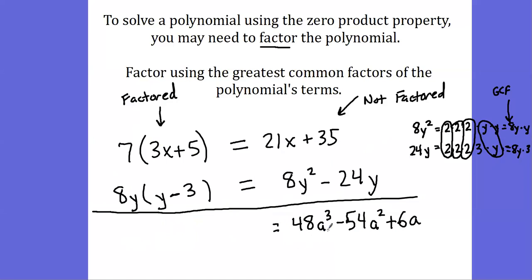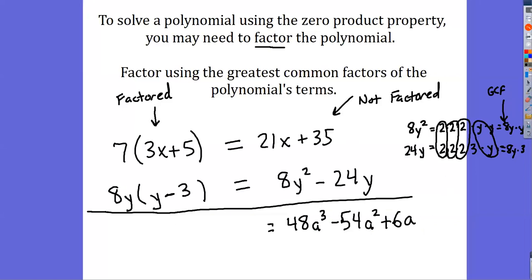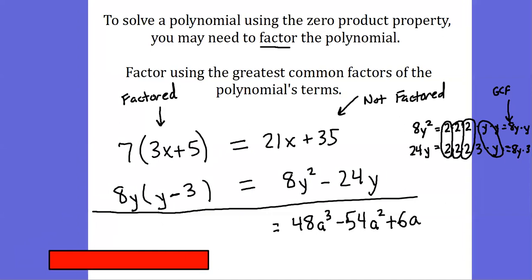So can we find the greatest common factor here between 48a to the third, 54a squared, and 6a? And I'm going to show this to you in another way. You might remember back from your pre-algebra days, we used to have little rectangular models here. And what I'm going to do is take my polynomial and just fill in the parts here. So 48a to the third, I'm going to write as the area of this rectangle right here.